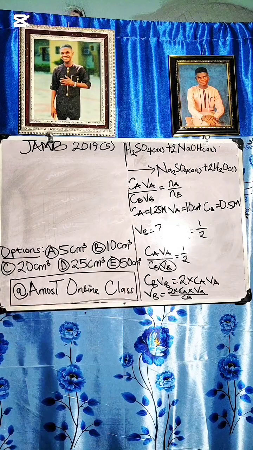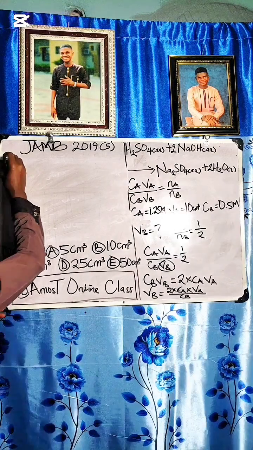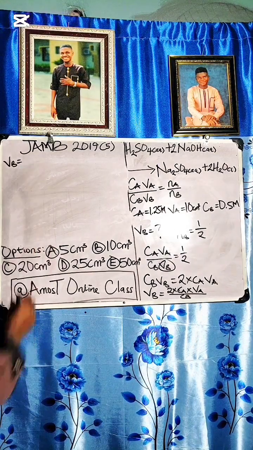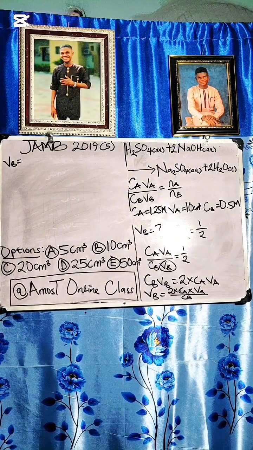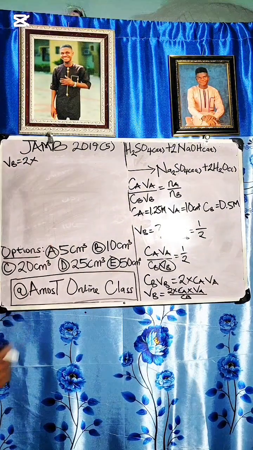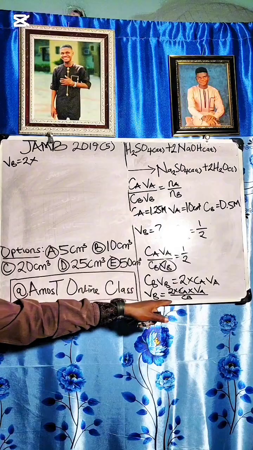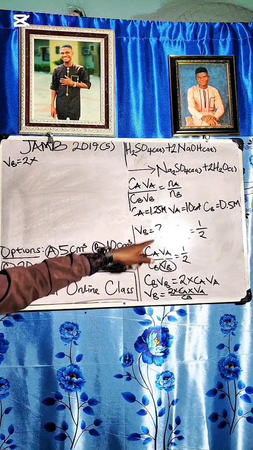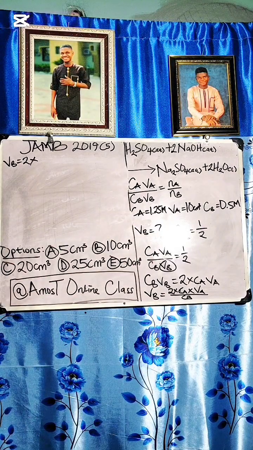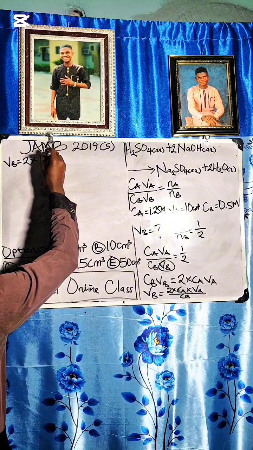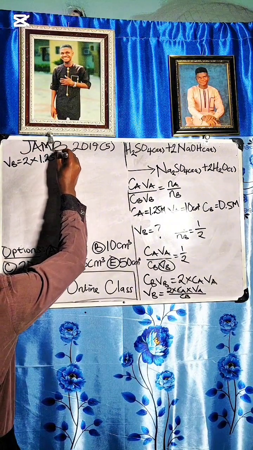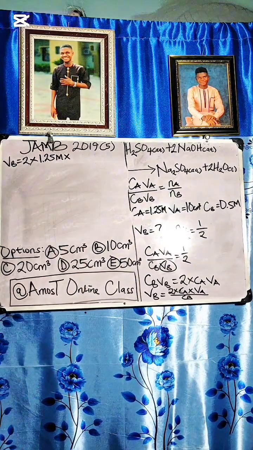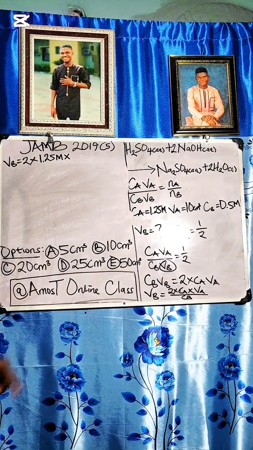So we're going to put in the values now. Our CA, we have 2 times, our CA is equal to 1.25 molar. Our VA is equal to 10 cubic cm.